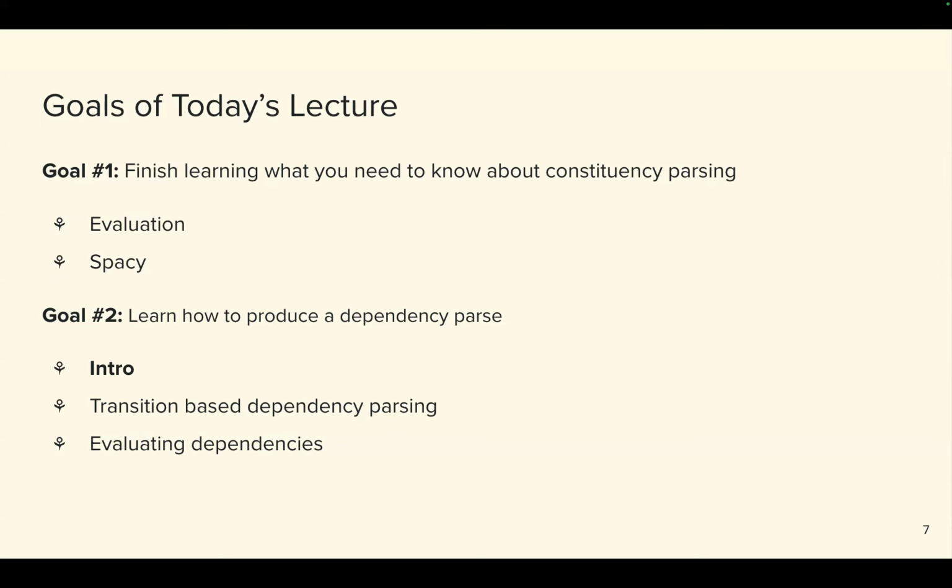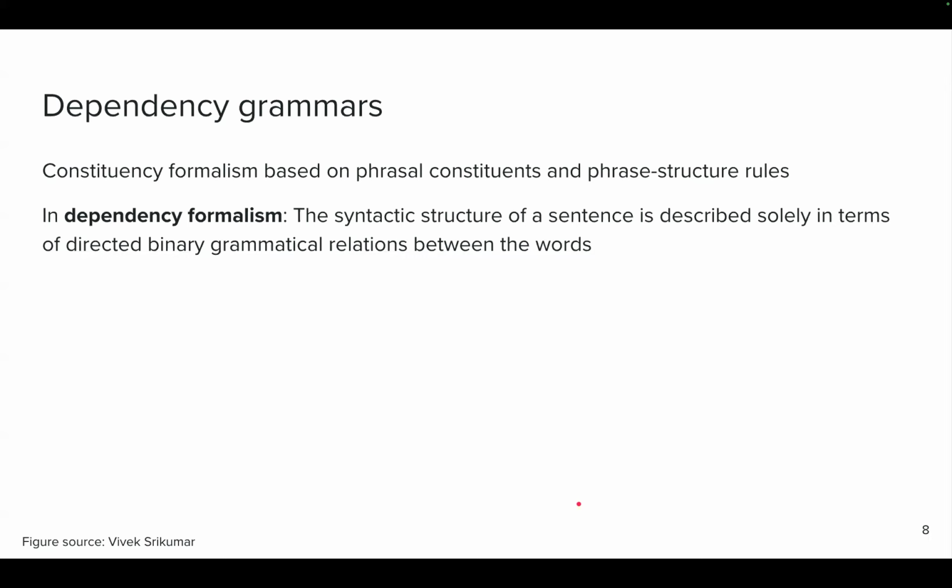So then we are going to move to dependency parsing. I remember when I said there are different grammar formalisms, and when I told you linguists generally do not have a single theory that rules everything that we just follow. So for syntactic parsing, for finding the syntactic structure of a sentence, linguists have different grammar formalisms that we can follow. So far, we have talked about constituency parsing that follows the constituency formalism, where we think about language in terms of phrases and how we compose phrases to get grammatical sentences.